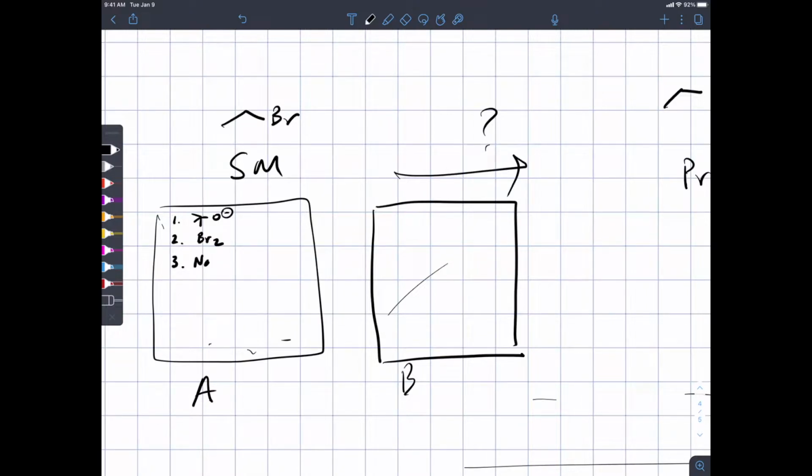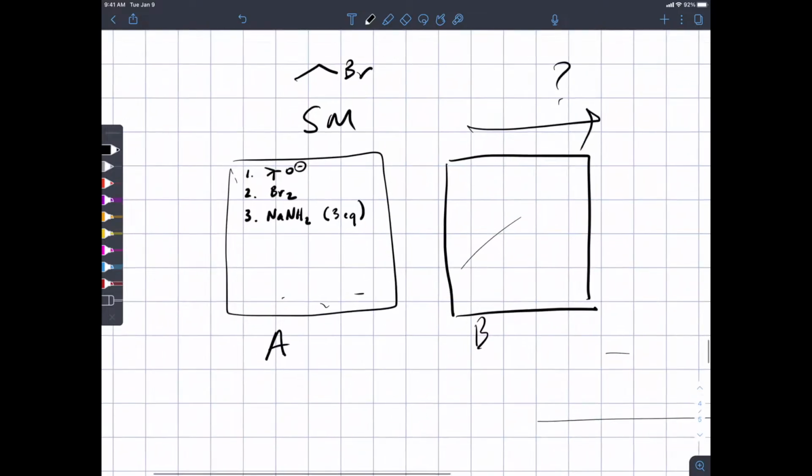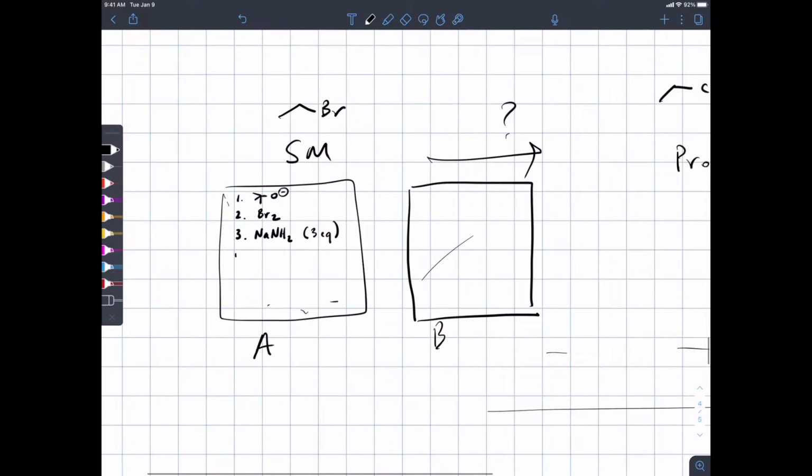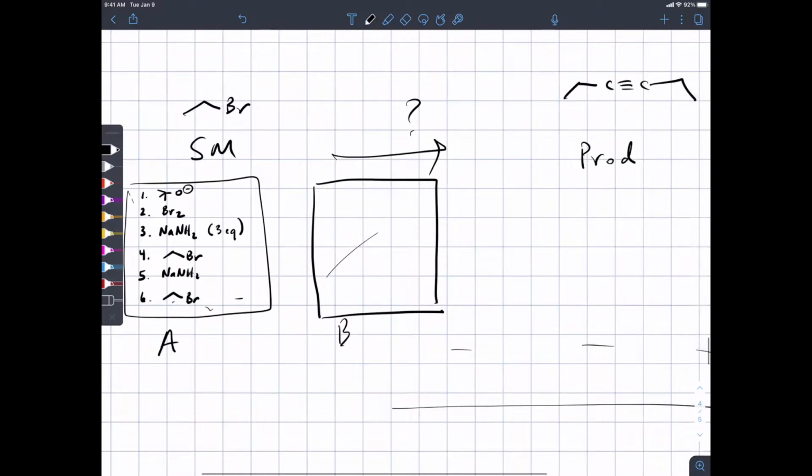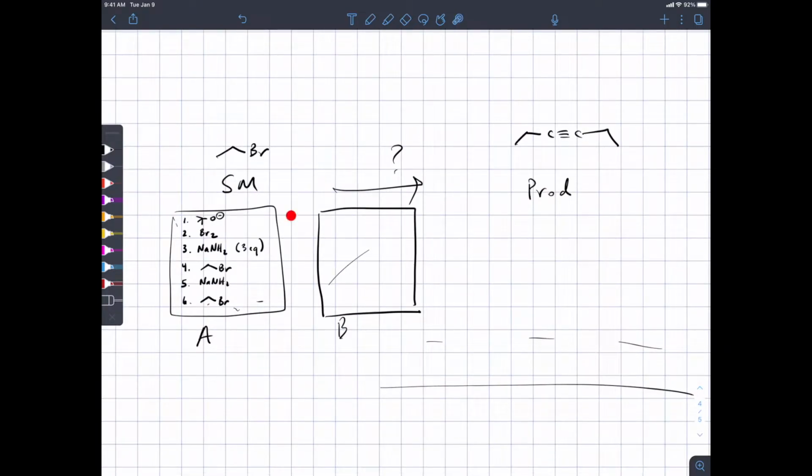Then I'm going to use 3 equivalents of sodium amide to give me the acetylide anion. Let's see, after that, I'm going to bring in this. And then I'm going to need to remove the other proton from the alkyne, and then I'm going to bring in that, and that will give us the product. That's a whirlwind summary of what we just did at the very end of the last hour.